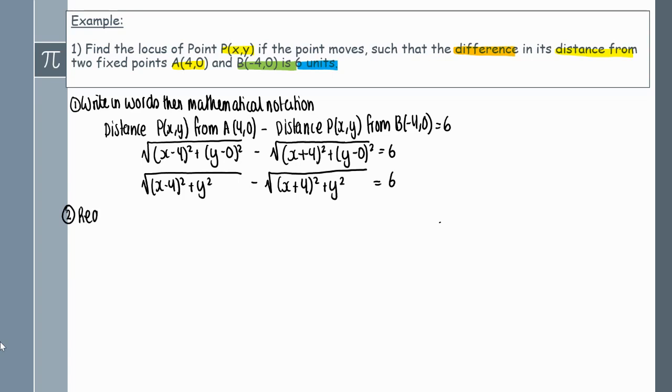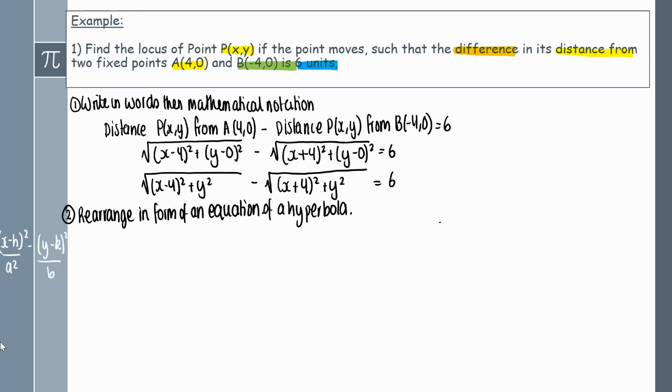Once we've done the mathematical notation version, we've got to rearrange this in the form of a hyperbola. So you might like to write down the general form of a hyperbola just to give you a sense of direction about what you're trying to make this equation look like. And if you're not sure what it is, it's on the side there. I couldn't quite fit it in.